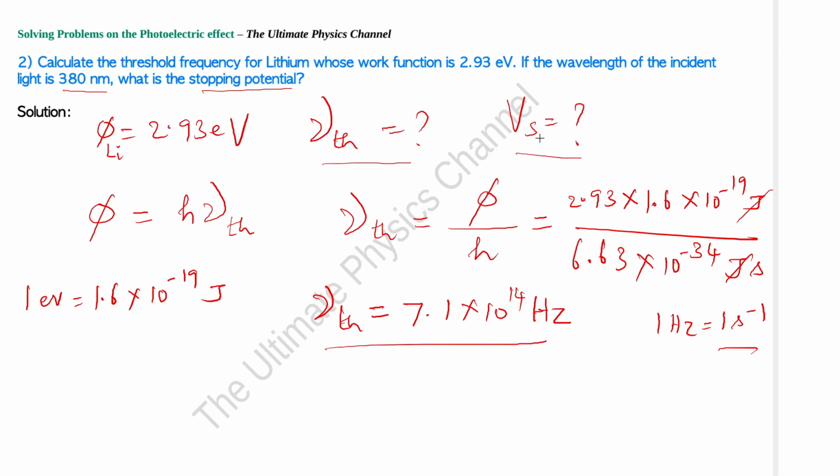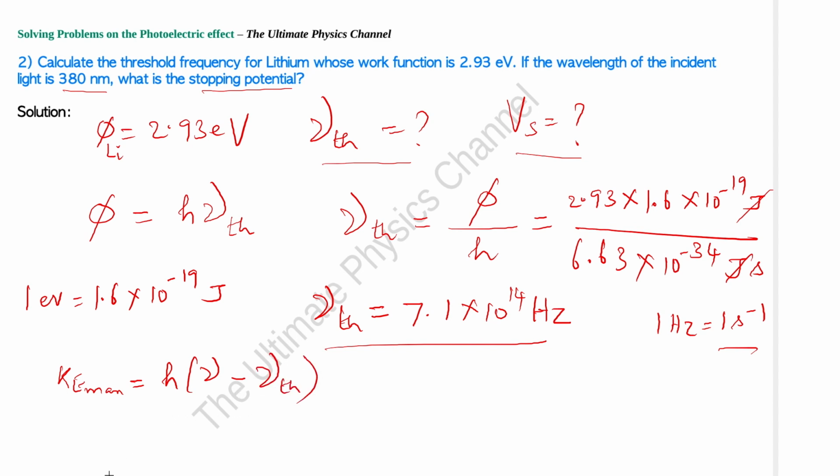The second part is the stopping potential calculation, and we know from the photoelectric equation that the maximum kinetic energy, KE max, is h times nu minus nu threshold.